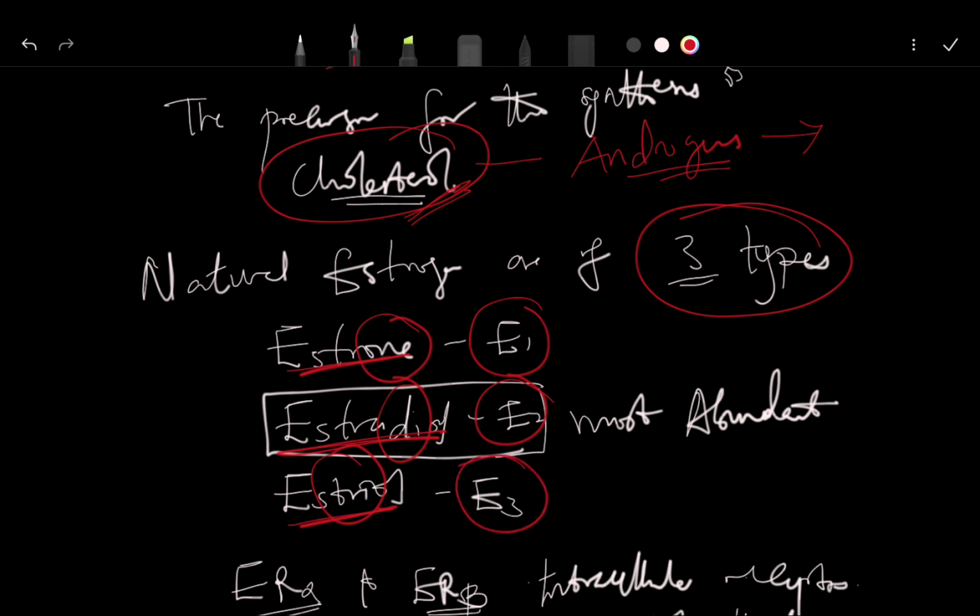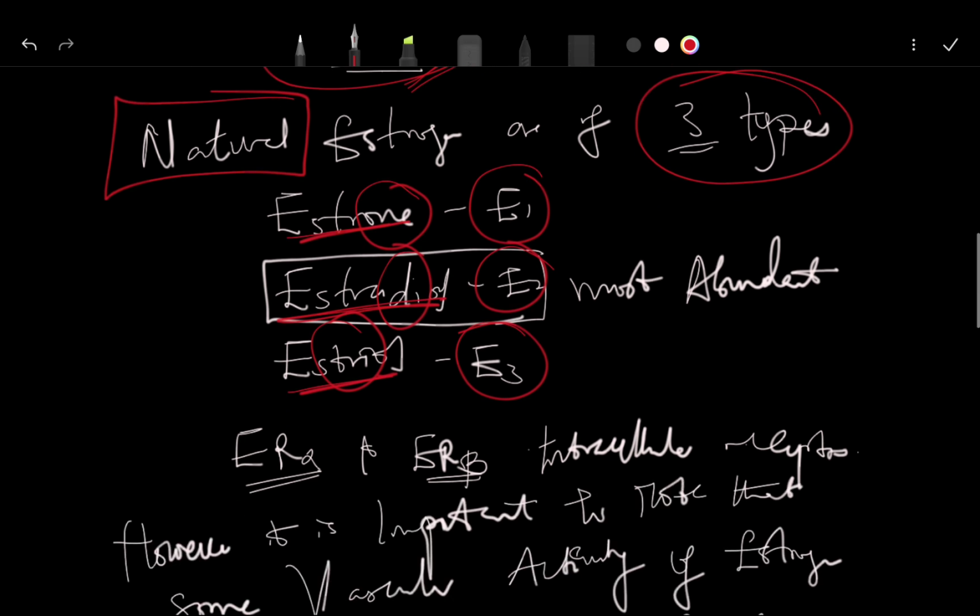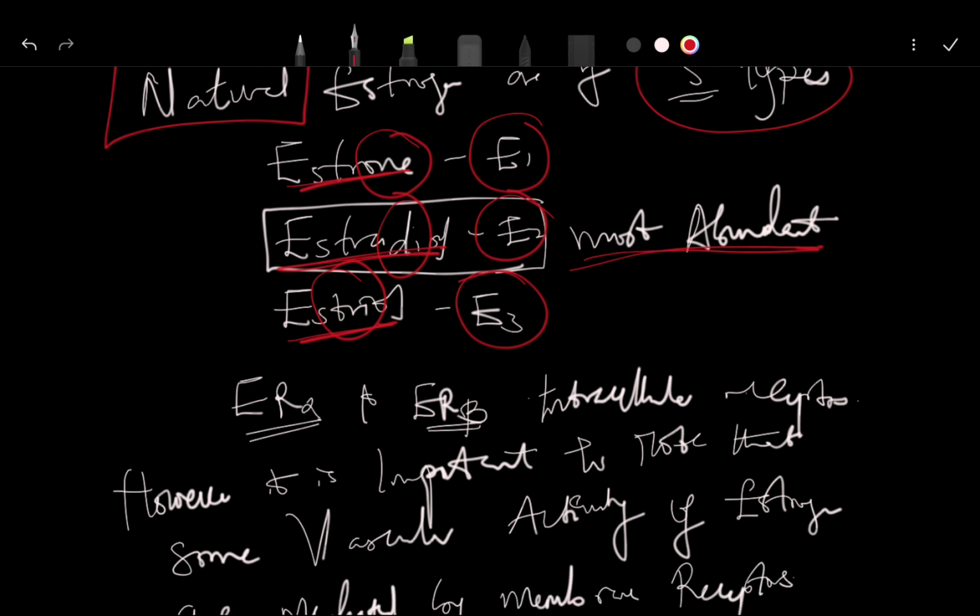E3. So estrone, estradiol, and estriol are all examples of natural estrogen. They are naturally produced in the body. Of these three, the most abundant is estradiol. Estriol, you usually see in pregnancy.